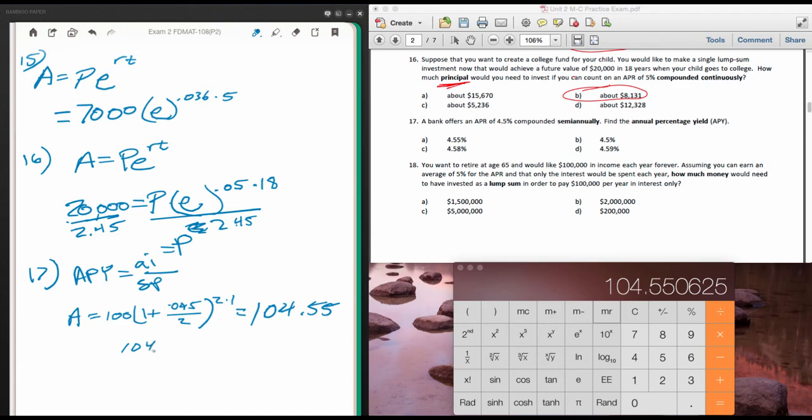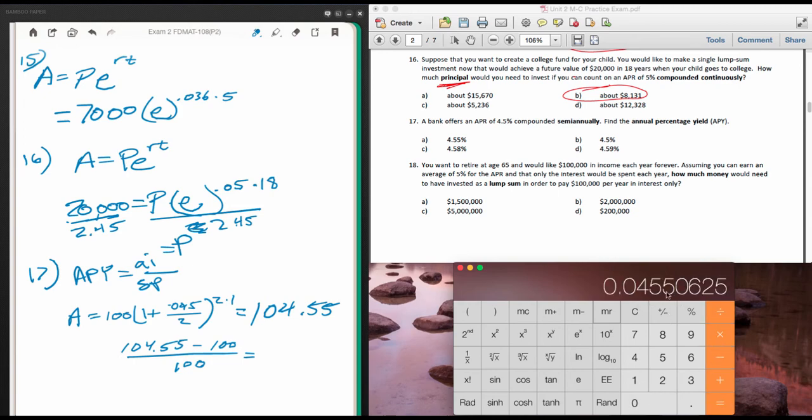So 104.55 minus the principal, which in this case is 100. That's what we started with. And we'll divide it by our starting principal, which in this case was 100. So we'll subtract 100 and then divide by 100.